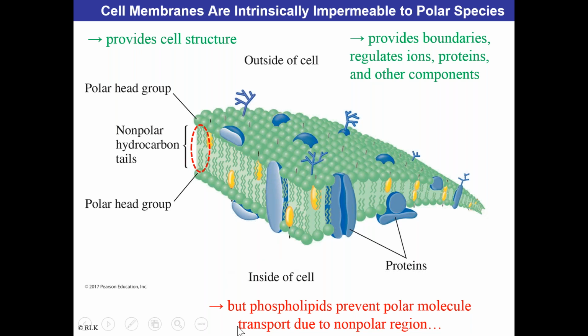So in other words, if you had, for instance, a sodium cation, right? A sodium cation, when it's in a solvent or in a matrix of water, would give rise to ion-dipole interactions, which are really strong intermolecular forces. However, although the sodium cation might be attracted to the polar head group here, i.e. the spheres, it won't be able to pass through to that nonpolar region where the tails are, to get to the outside of the cell, or vice versa, from outside to inside.